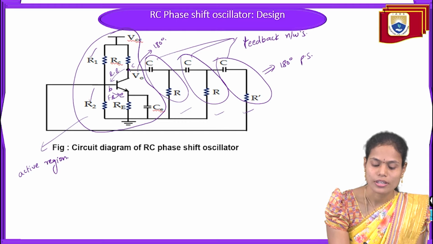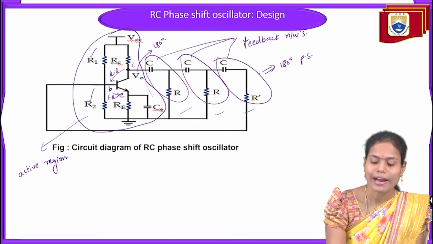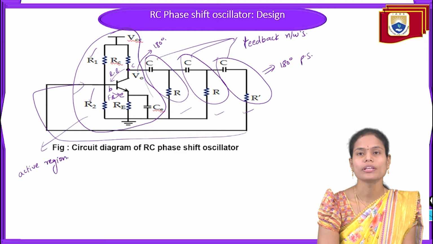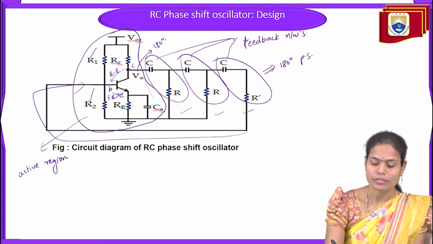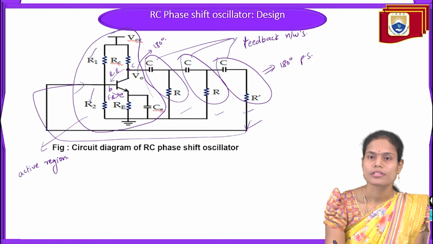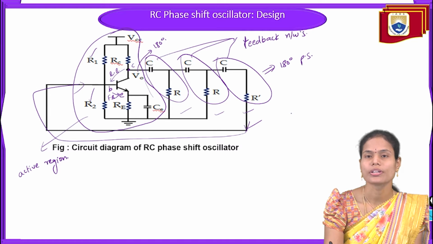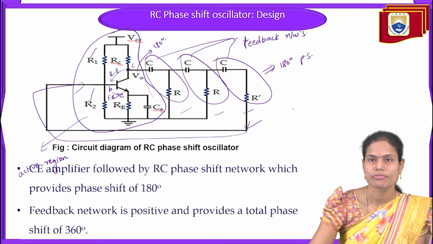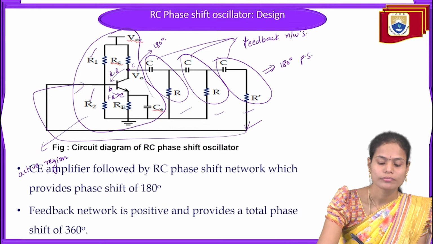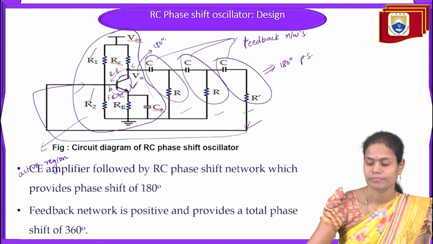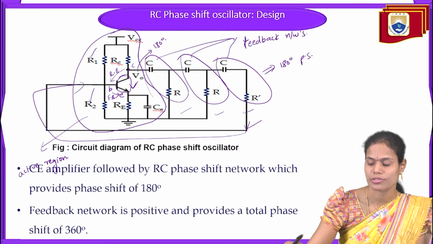The output of this amplifier we give as the input for this feedback network, and the output of this feedback network we again give back to the input of the amplifier. Due to this feedback process, it will generate sustained oscillations within the range from 20 Hz to 20 kHz. In order to analyze this RC phase shift oscillator, I am taking the hybrid equivalent circuit of this bipolar junction transistor along with its related elements.